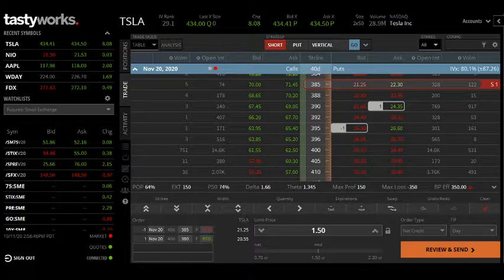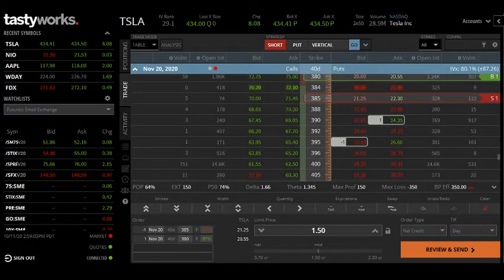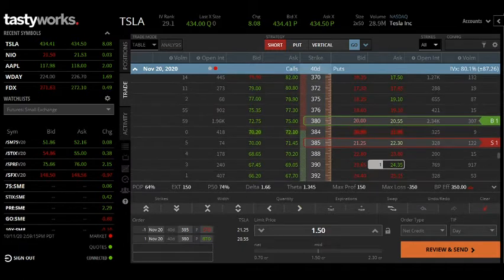With credit spreads, you're going to risk more than your reward, but the probability of profit, and the probability of making at least 50% of that credit, makes up for that extra risk that you put on. It's a give and take. You give a little risk to take a little probability that's in your favor. This gives us a mechanical edge to create consistent profits.